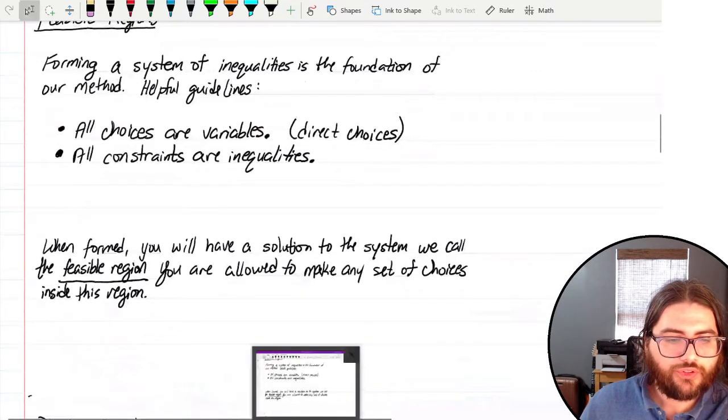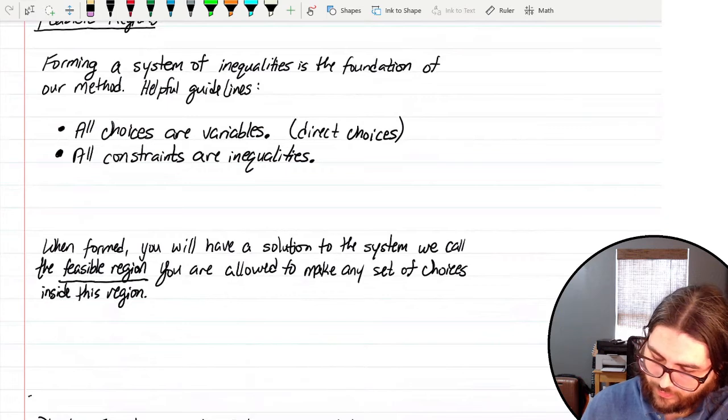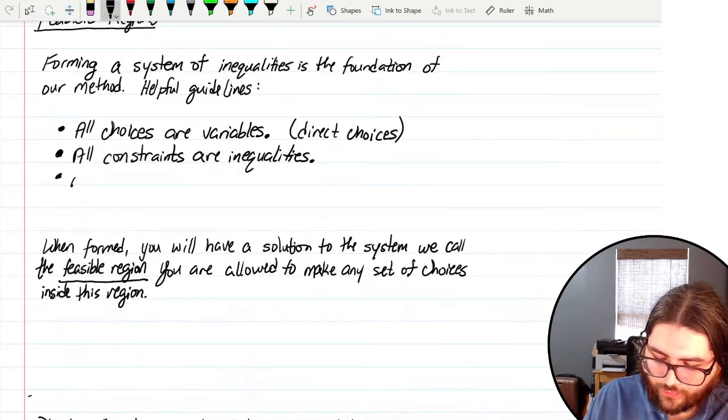So all of my choices are variables. Excuse me. All of my constraints are inequalities. All constraints must be linear inequalities.